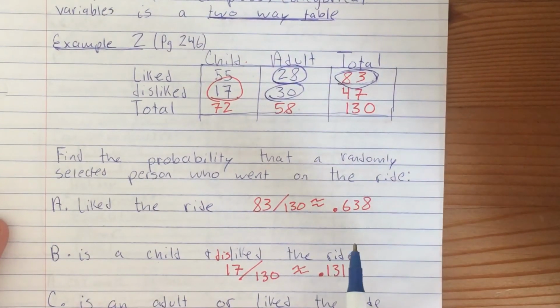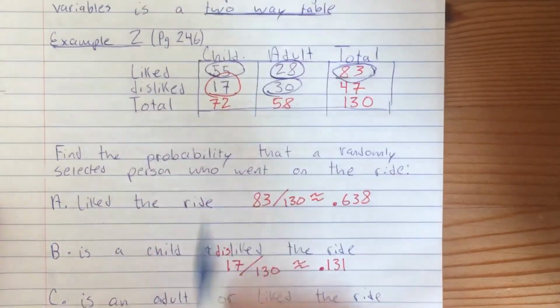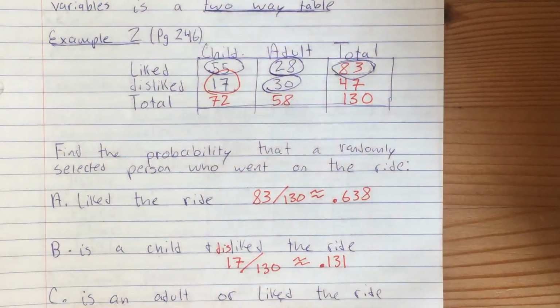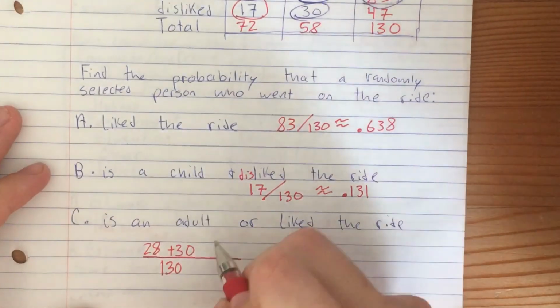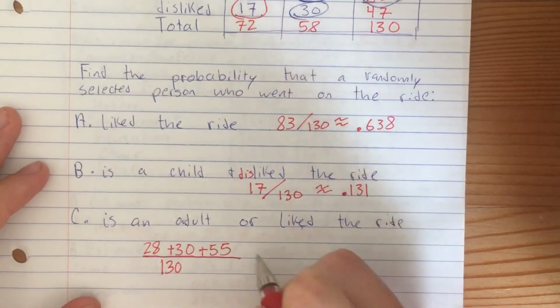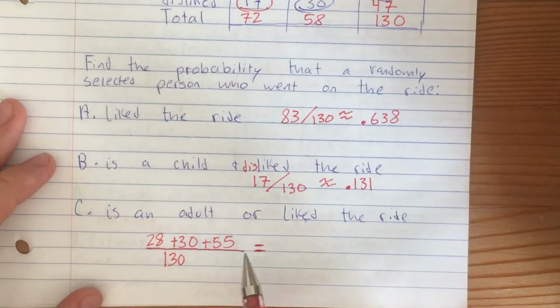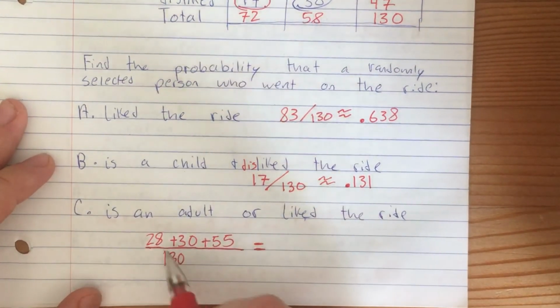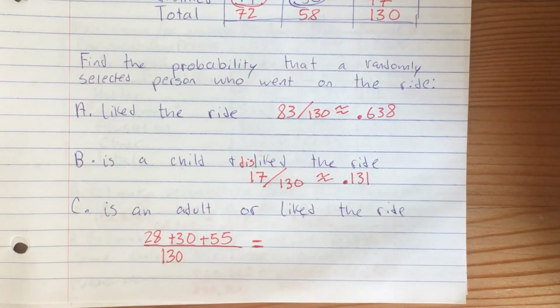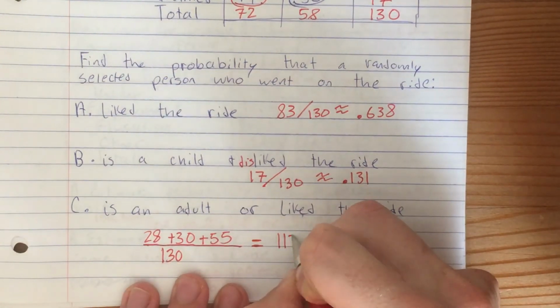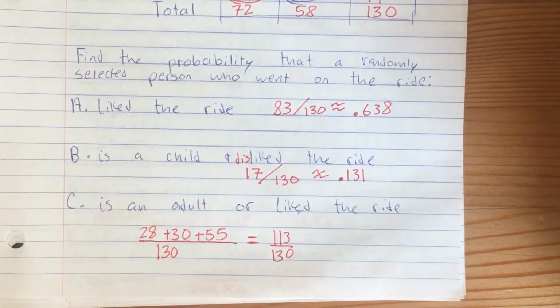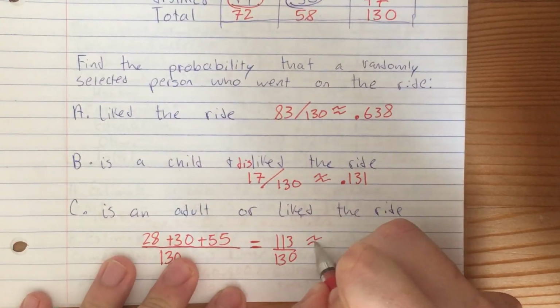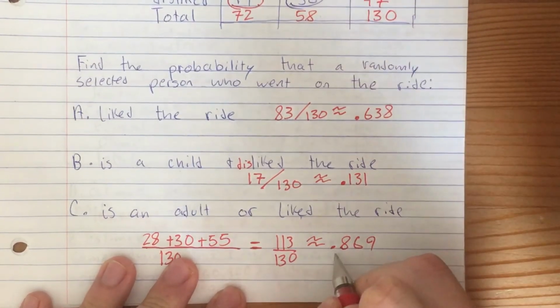And the answer is no, because you can be a child and still have liked the ride. So we need to include that 55 right there. So if we simplify, it ends up adding up to 28 plus 30 plus 55, 113, out of 130, which is approximately 0.869.